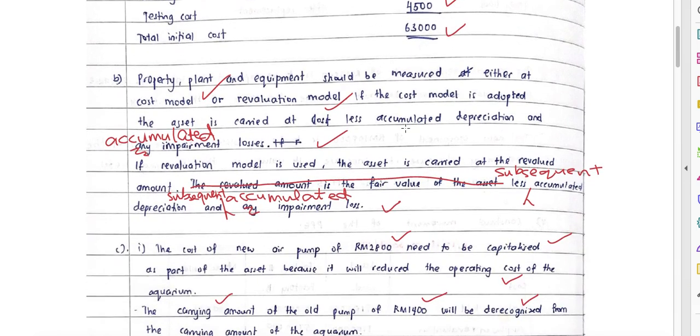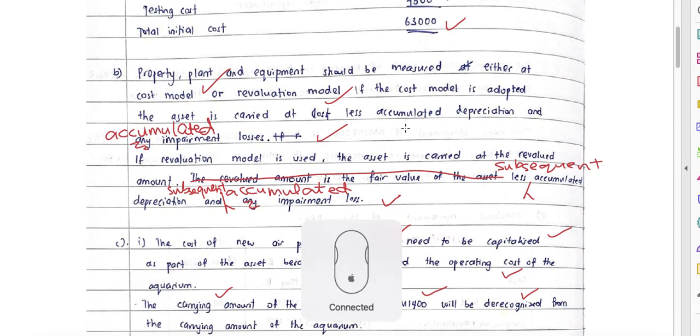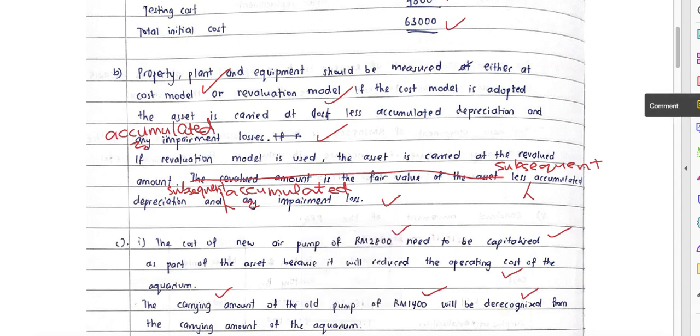Okay, the next question requires you to explain the models in measuring PPE under FRS 116. So for this one, the PPE should be measured either at cost model, that's correct, or revaluation model.